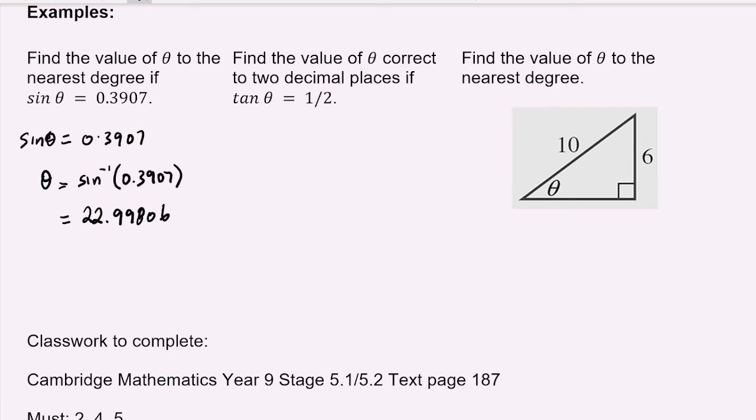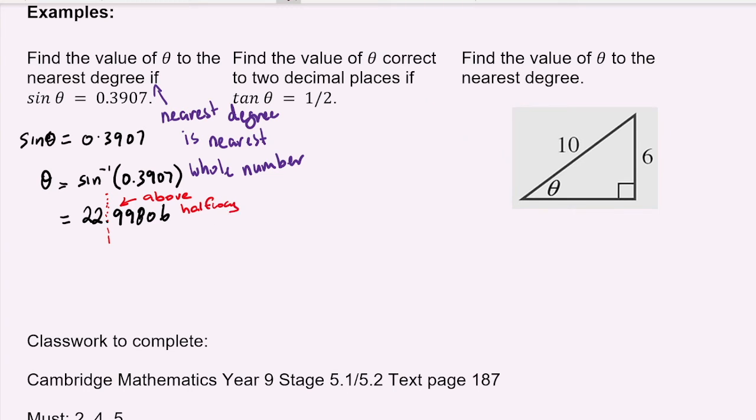So nearest degree means nearest whole number. Okay, so I'm going to cut off at that decimal point because I want a whole number, look at the next number along. It is above halfway. So I end up with 23 degrees.